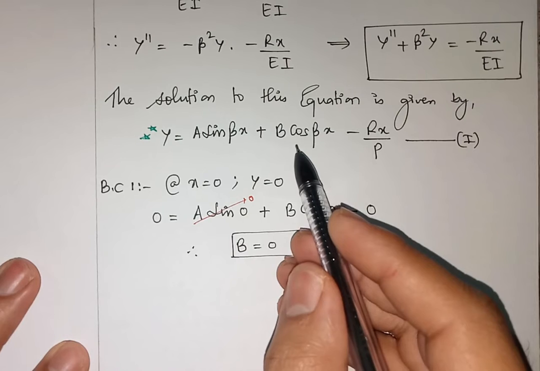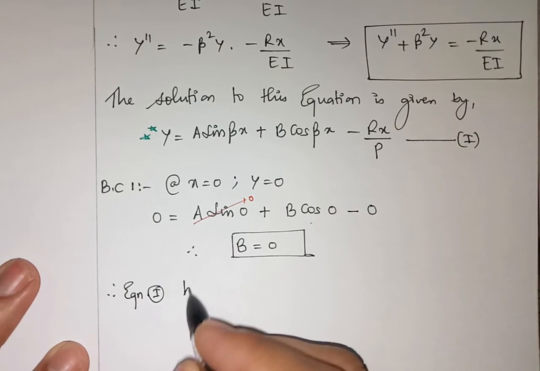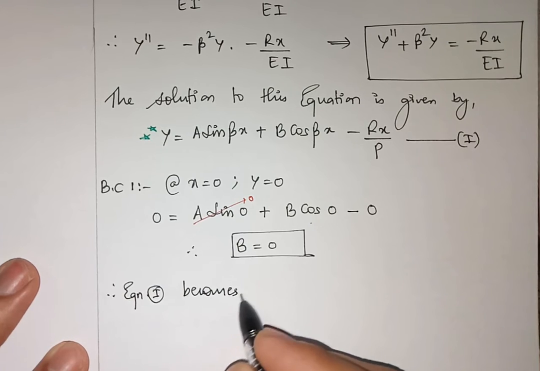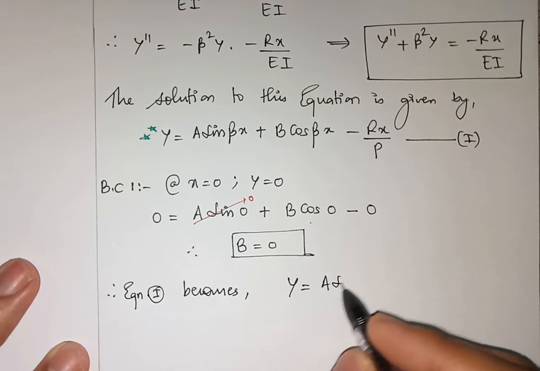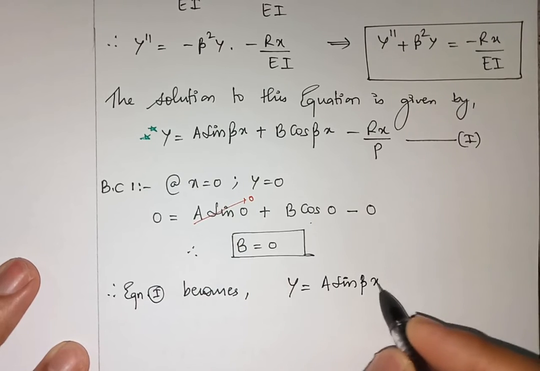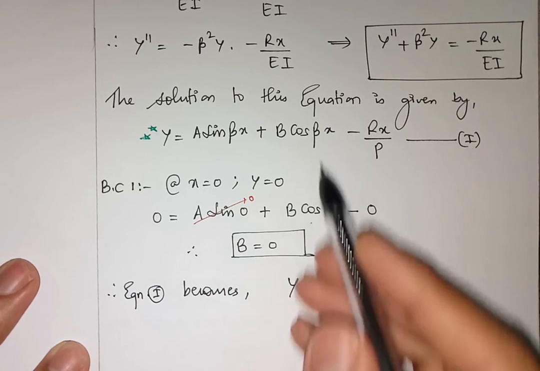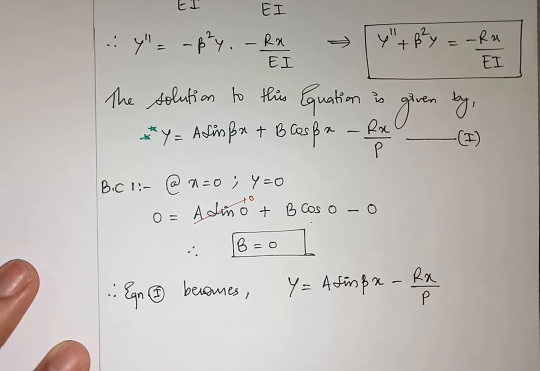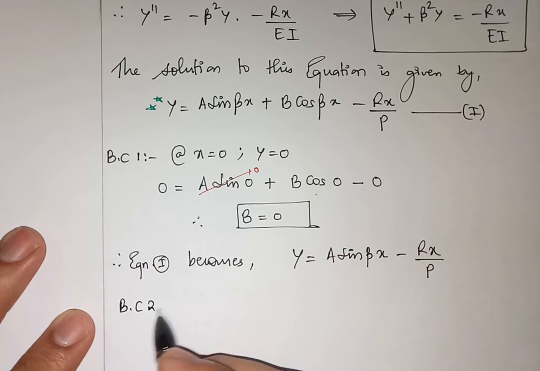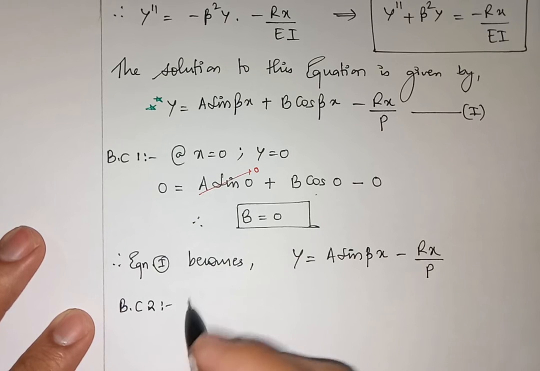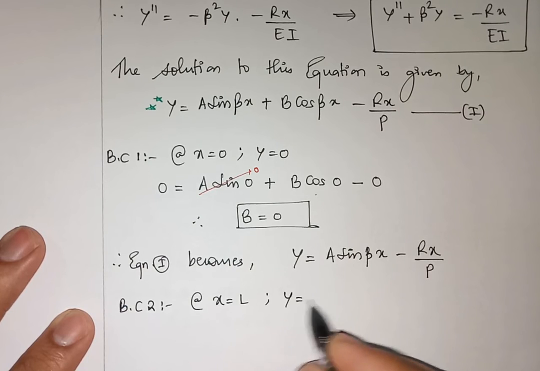Now if you put the value of b as 0, equation 1 becomes y is equal to a sin beta x minus rx divided by p, because if you put the value of b as 0, that entire term becomes 0. Now I will use the second boundary condition. Boundary condition number 2 is at x is equal to L, y is equal to 0.